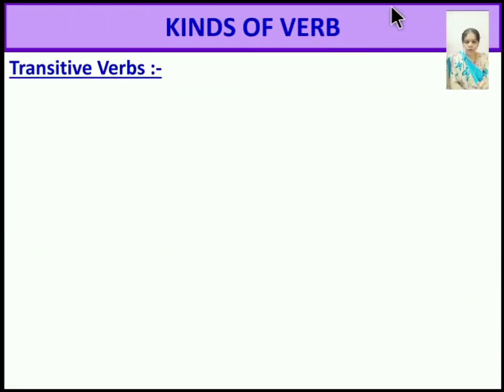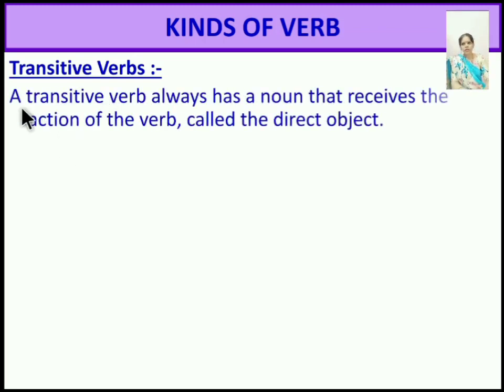Let's first talk about the transitive verbs. A transitive verb, the word transition itself indicates that there is something passed on. Transit, given away, traveling, moving. So a transitive verb always has a noun that receives the action of the verb, called the direct object. I am writing. It does not need a pen.